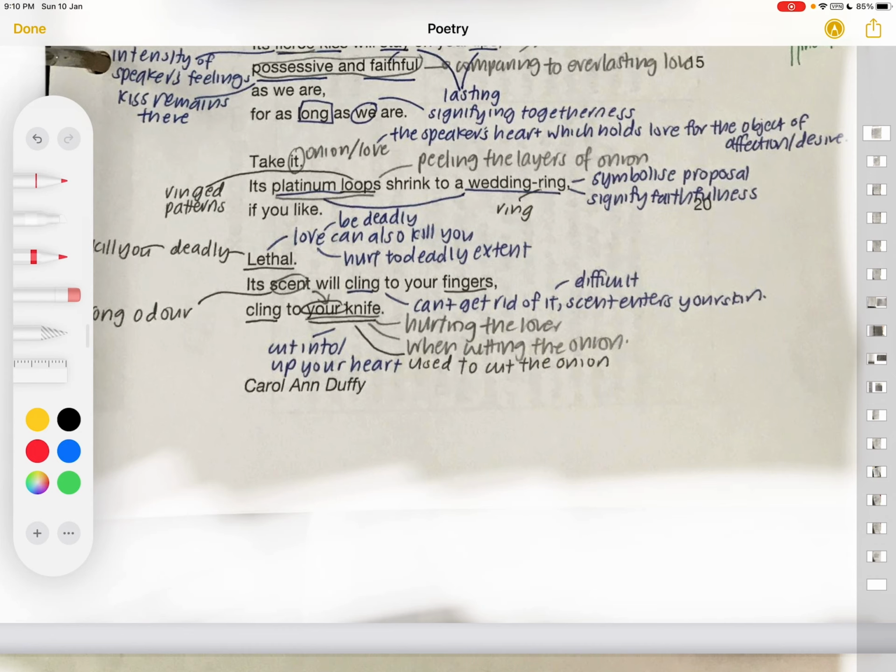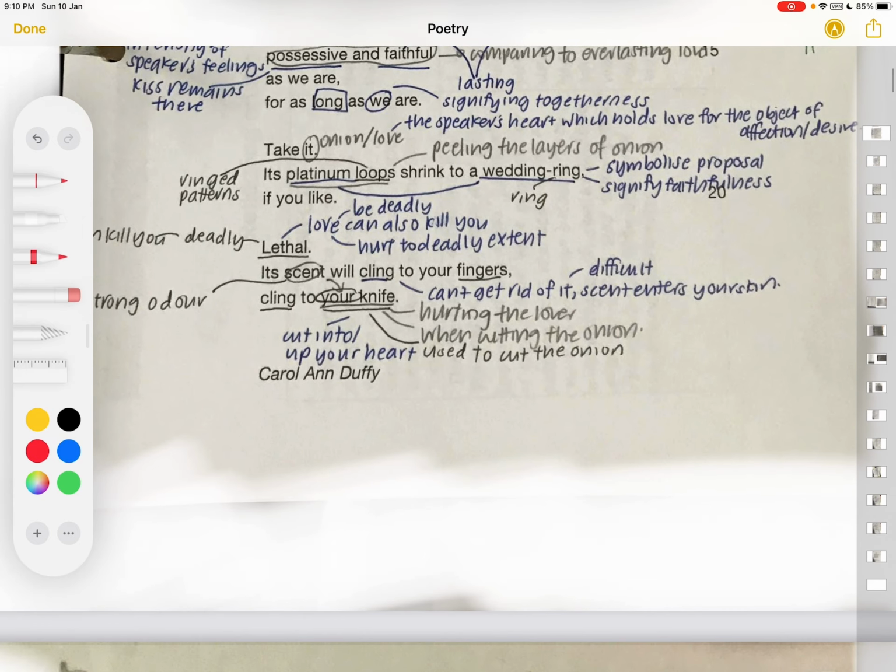The platinum loops actually refer to the ring patterns of the onion, and it is also referring to how when we peel off the layers of the onion, you can see that loops appear. And the wedding ring is a symbol of proposal and signifies faithfulness in marriage, and is also a symbol of love. Platinum is a quite valuable metal, so it also shows how love is valuable.